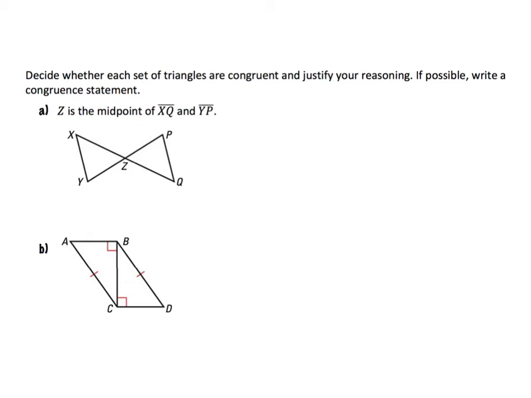We are given that Z is the midpoint of XQ, meaning that these two segments are congruent, and Z is also the midpoint of YP, so these two segments are congruent. So we do have two sides on each triangle that we know. We don't know the third side to use SSS, but this angle here and this angle here are vertical angles, so we know that they are congruent.